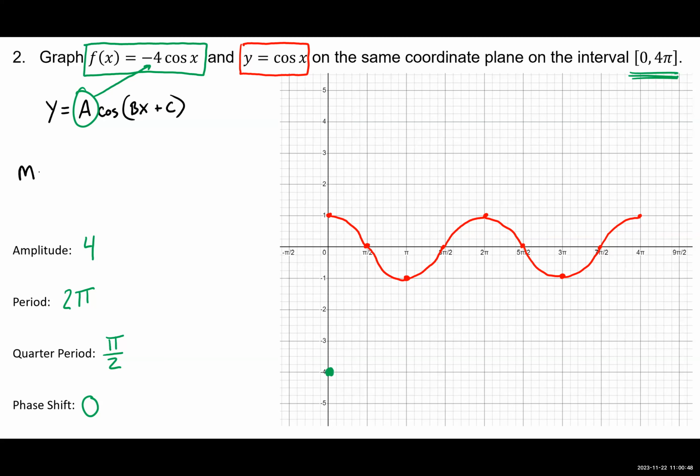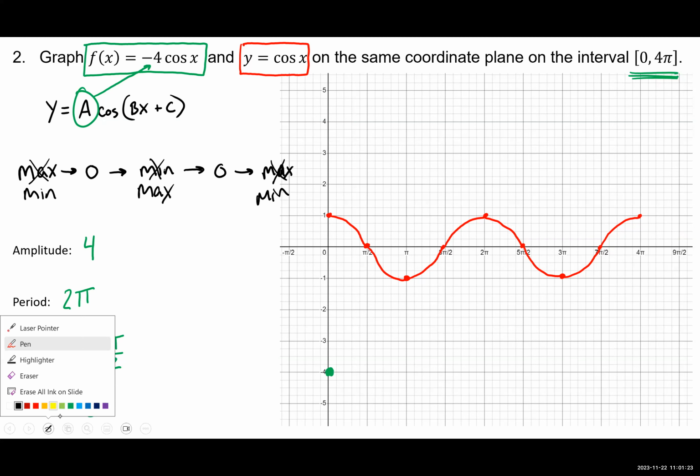So the cosine graph starts at the maximum, then goes to 0, then goes to the minimum, then goes back to 0, then goes to the maximum, right? That's the cosine of x. We're reflecting, we have a negative out front. So all those things are changing. With the negative sign, it starts at the min, then goes to 0. Then it goes up to the maximum, then goes to 0, and then finishes at the minimum.